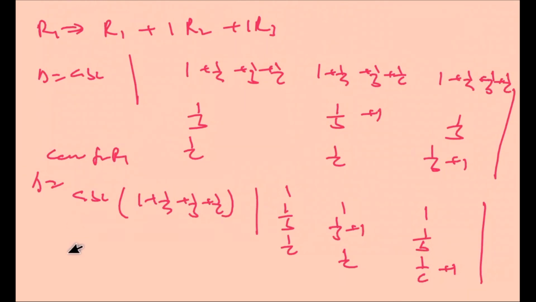So we write C2 changes to C2 minus C1, where we find 1 minus 1 equals 0, and C3 changes to C3 minus C1, so again we get 1 minus 1 equals 0. Okay, so the expansion will be easier.